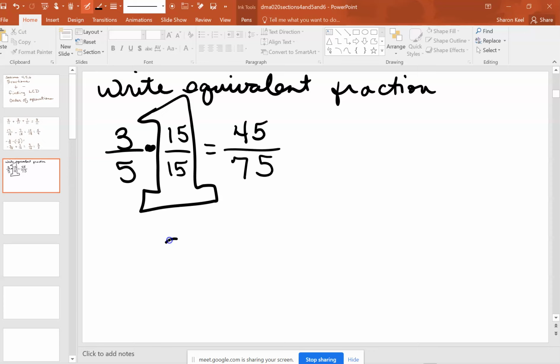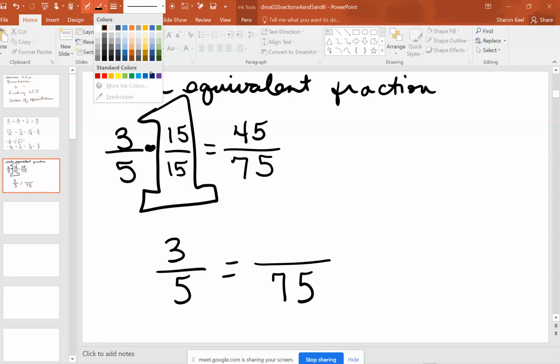Let me show you another method. This is the method I oftentimes prefer to use, and it's actually going to lead into what we're going to do when we are in Module 3 with proportions. This is the way that you see it written in your book.